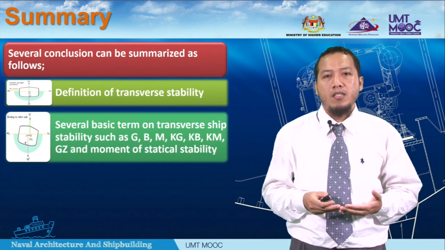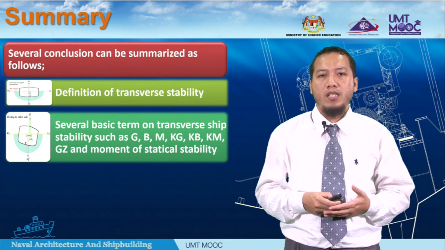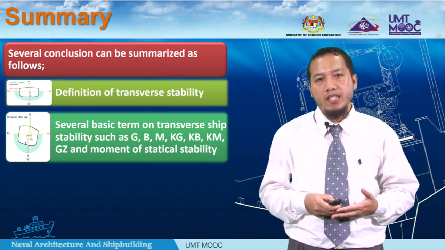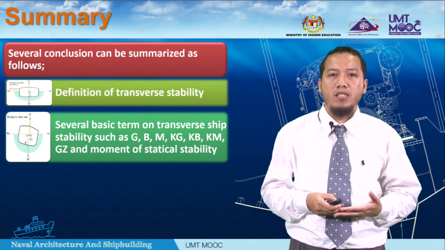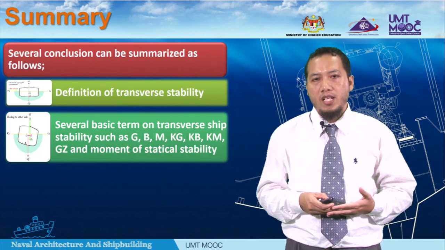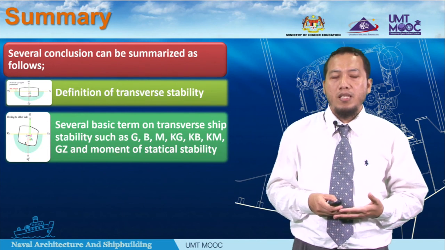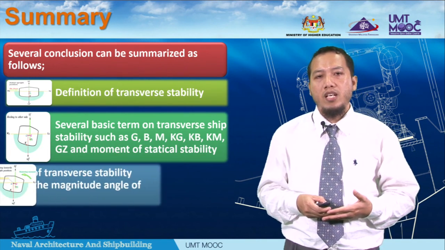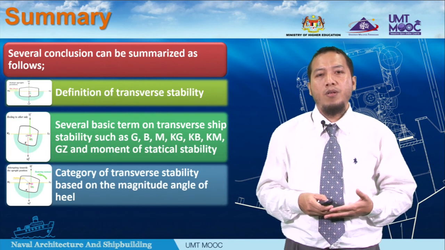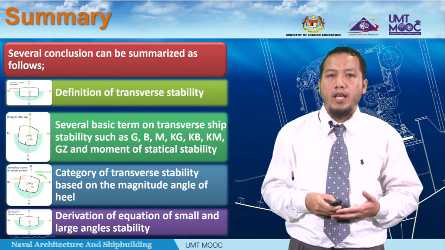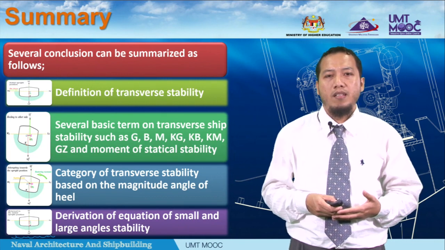Second, several basic terms on transverse stability such as gravity, buoyancy, metacenter, KG, KB, KM, GZ, and moment of statical stability. Third, category of transverse stability based on the magnitude of the angle of heel. And fourth, derivation of equations for both small and large angle stability.